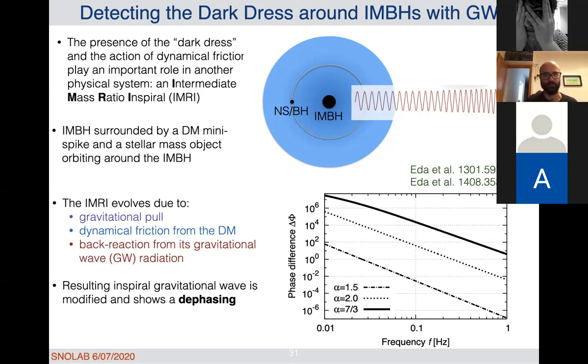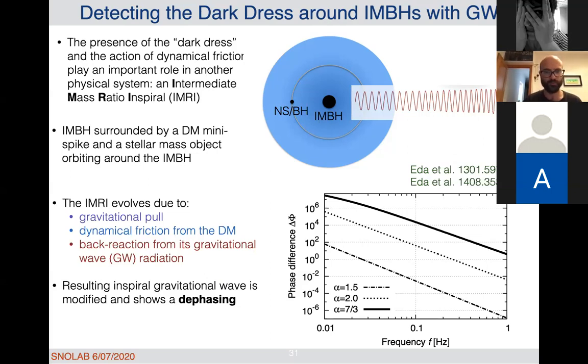These many two-body gravitational interactions give rise to so-called gravitational friction. The small compact object loses energy, and with a lot of slingshots and two-body gravitational interactions, the energy is ultimately transferred to the halo of dark matter.